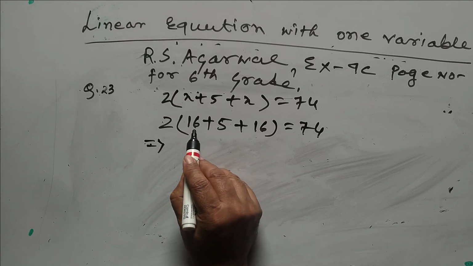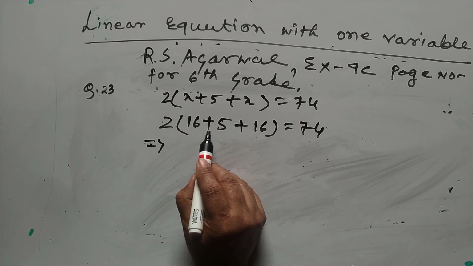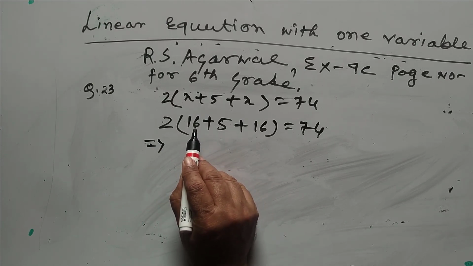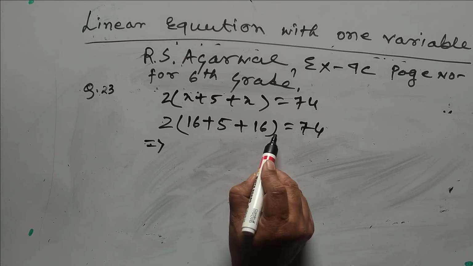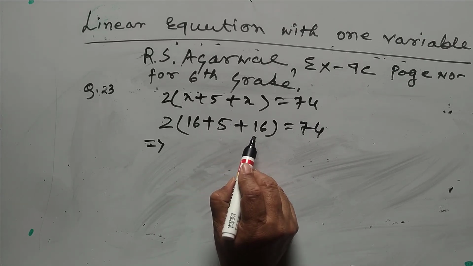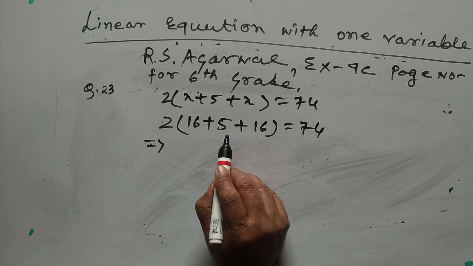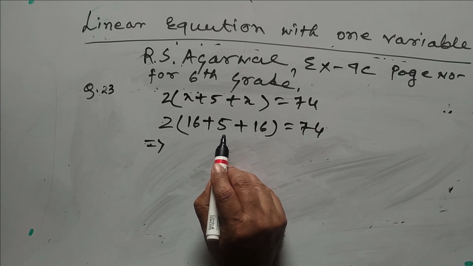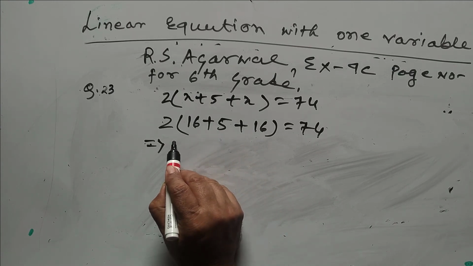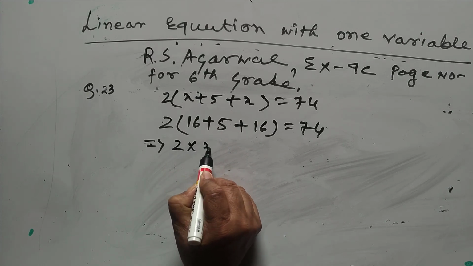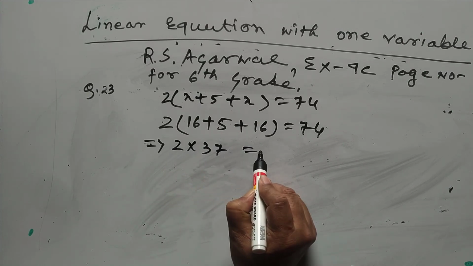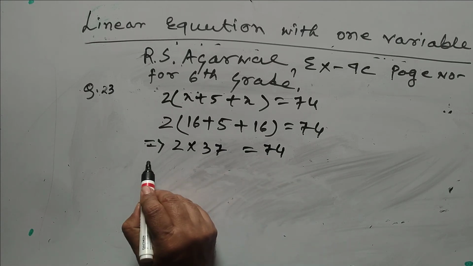That is 16 plus 5... 2 sixteens are 32. 32 plus 5 is 37. 2 into 37 equals 74.